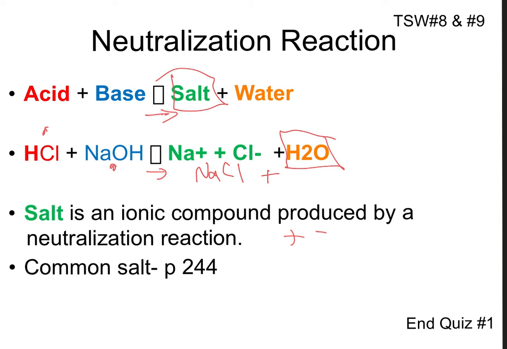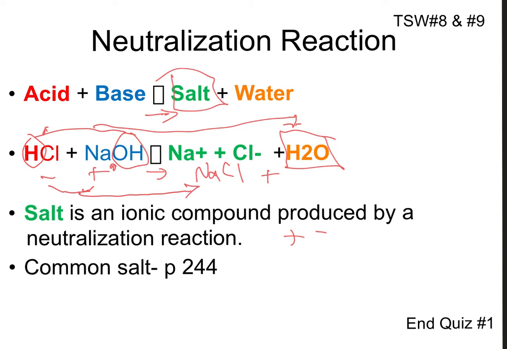In reality, the hydrogen from your acid and the hydroxide from your base are producing the water. And the positive ion from one and the negative ion from the other are producing your salt.